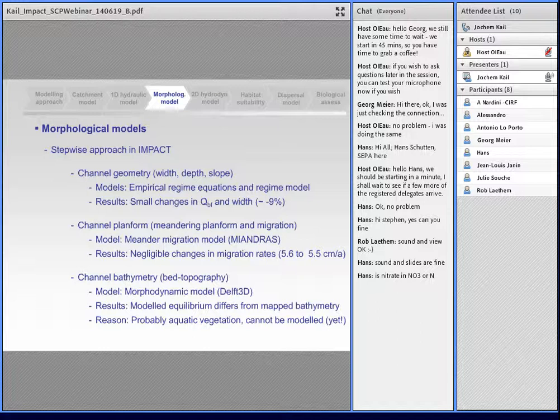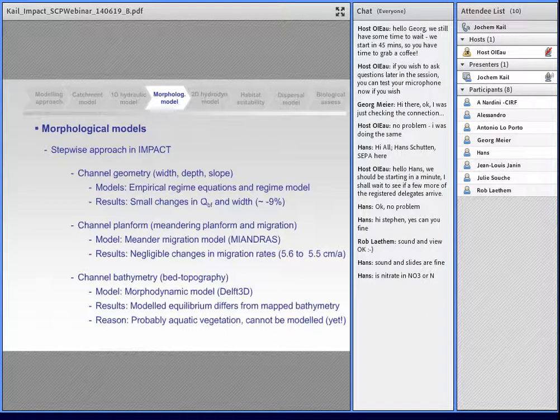But we found some significant differences in the channel bathymetry, where we used Delft3D as a model, and the equilibrium bathymetry which results from the modeling really differs from the mapped bathymetry. But after some discussion, we are quite sure that these differences are probably due to the aquatic vegetation which we have in the Träne reach.